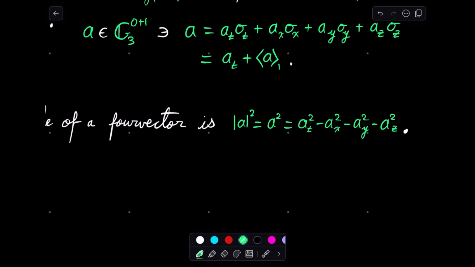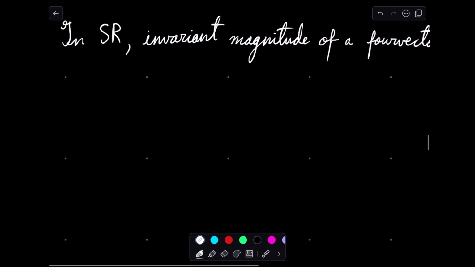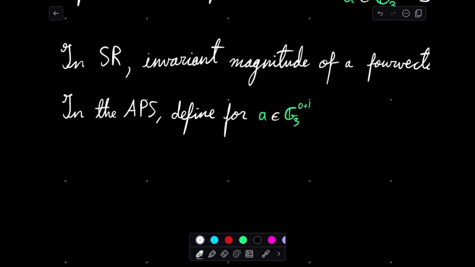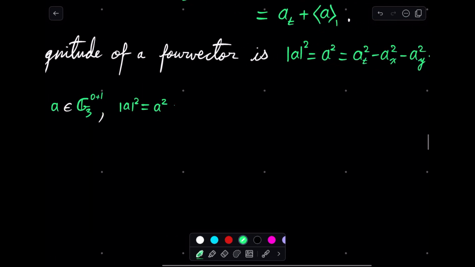Well, it turns out there's a way already encoded into the mathematics of this space, and that is to say that in the APS, you define for a paravector A in G(0,1,3) that the magnitude of A squared, which I will just, for brevity, call A squared by itself, is equal to A times its Clifford conjugate, which is equal to its Clifford conjugate times itself.